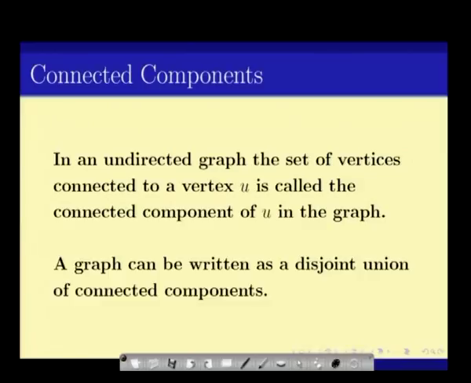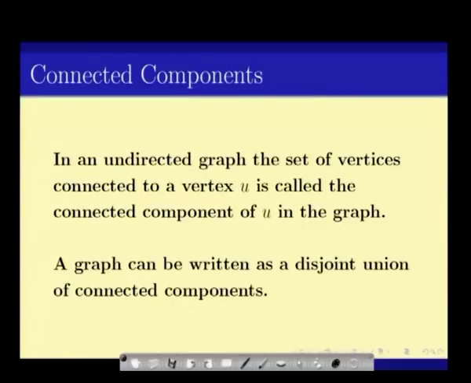For example, if you are living in a city and there is a river going through it and there is no bridge on that, then all the vertices on the south side of the river are connected to you. This set of vertices is called the connected component of a vertex. It is all the vertices which are connected to a vertex, and it is not hard to see that a graph can be written as a disjoint union of connected components.